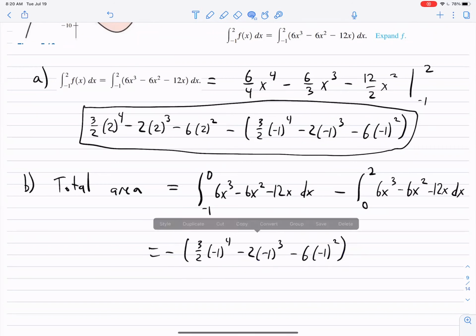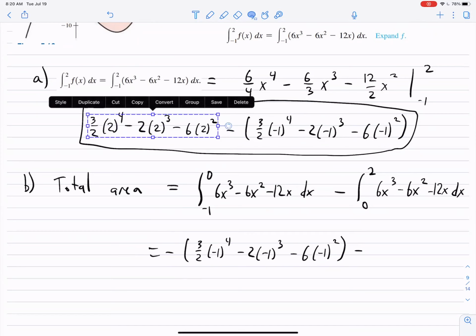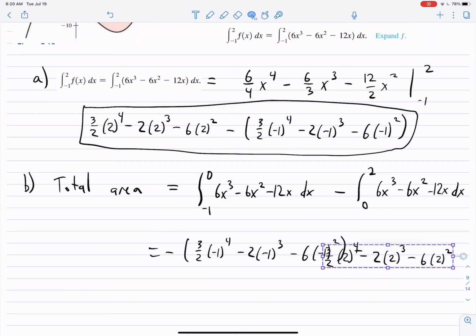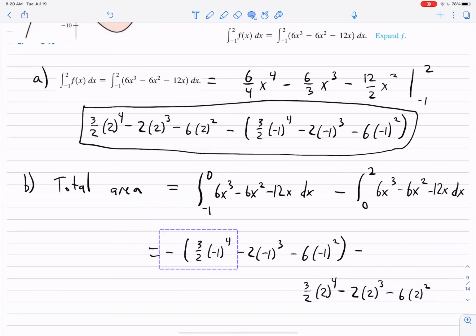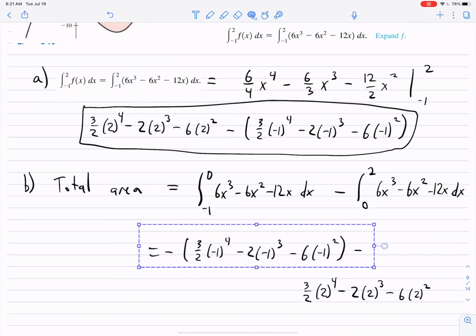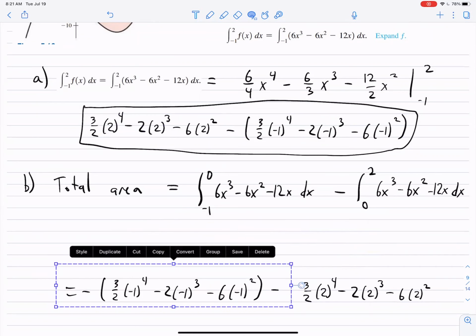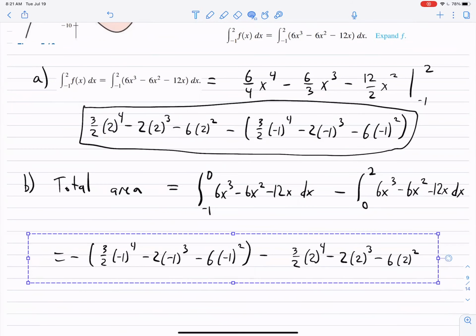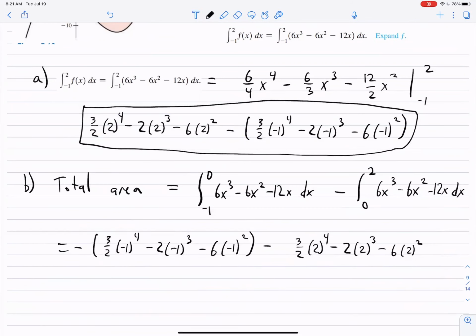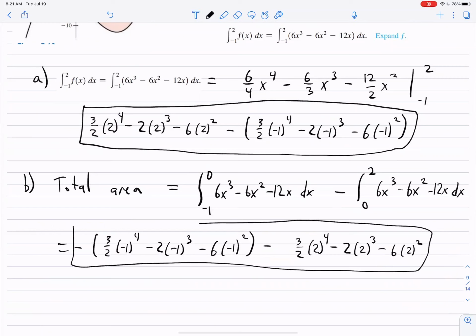So it'd be that part, and then it would be minus this part, the 2 part. So that would be the final answer right there, whatever number that is. Because all the parts with zeros go away. And so all it does is it makes that part negative. And so that would be the total area.